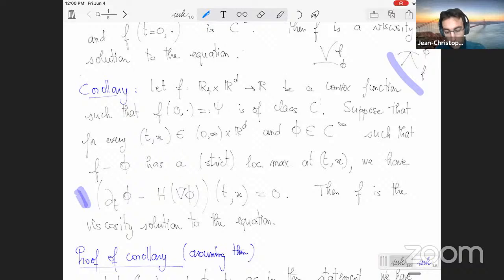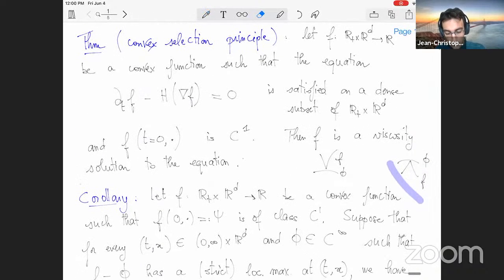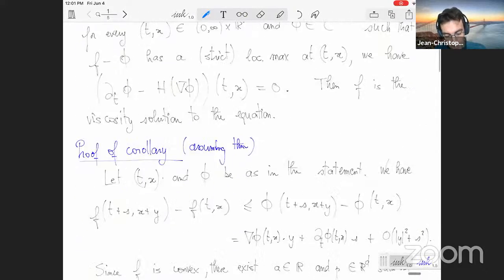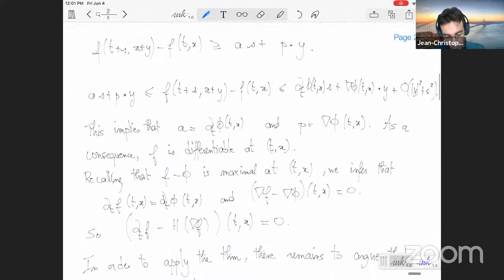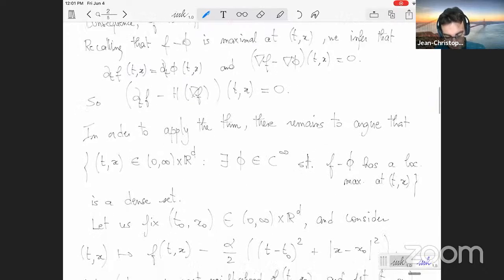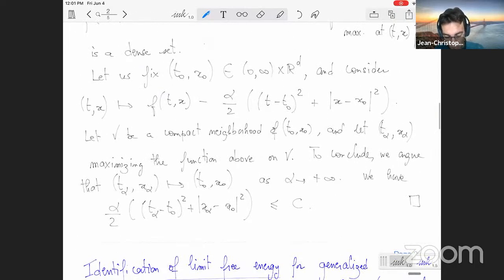And down the road, this is all to make my life convenient in order to verify that the equation is satisfied on a dense set of points. So in the corollary, the proof that the set of points is dense is that any of these T alpha, X alpha is a contact point, right?